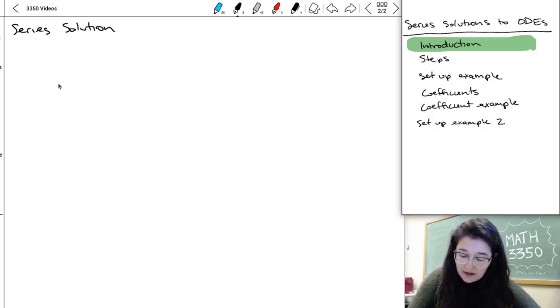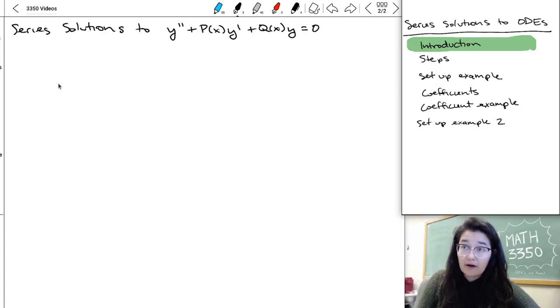So we're going to be talking about series solutions to the differential equation given by y double prime plus p of x y prime plus q of x y equal to 0.